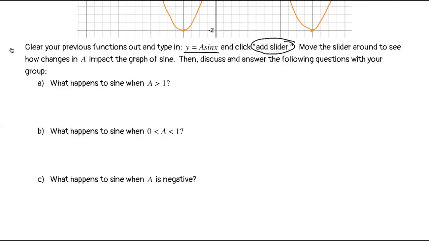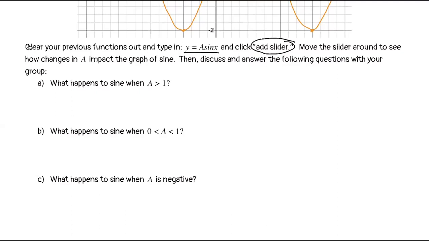But if you want a more precise way, you can click on the 10, okay, and say I want A to start at 1 and I want A to go all the way to 10. And now you're controlling how far your slider moves, okay? So now my slider goes from 1 to 10 and I can use that to answer the question.